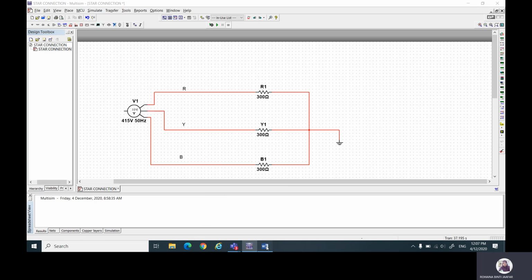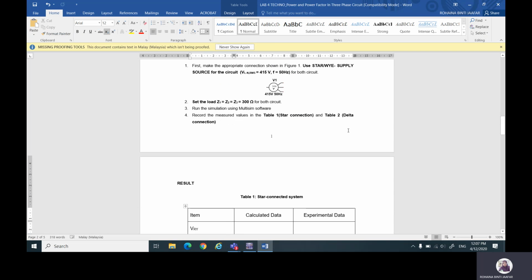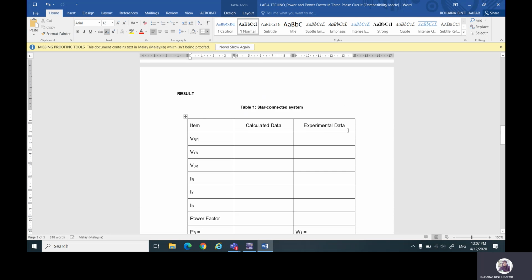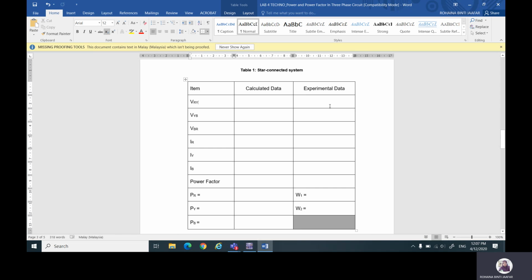Referring to your lab sheet, you have to record the data for line voltage, your line current, your power factor, and your value of power for the circuit.